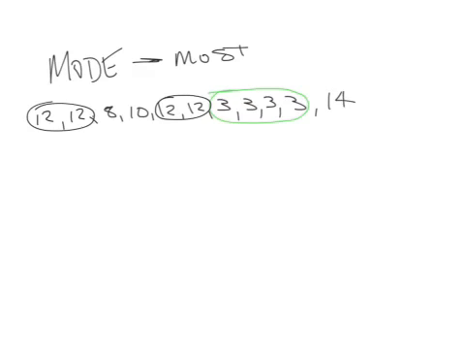So I actually have 2 modes. I have the mode that's 12 and a mode that's 3. And whenever you have 2 modes, it's called bimodal. Okay, so that ends up being what we've got when we have 2 modes.